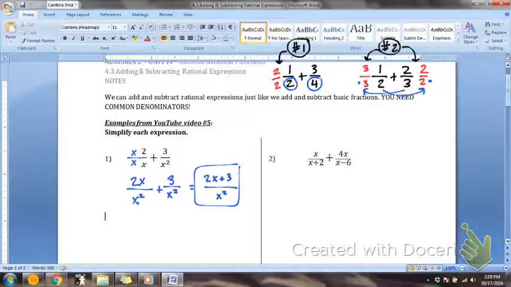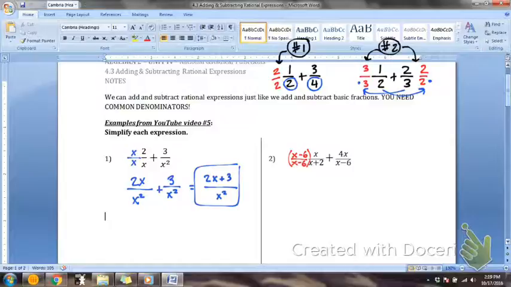So we're going to do that exact same thing on example 2. I can't make x plus 2 become an x minus 6. So if I can't make it become that, I'm going to multiply it, top and bottom, by the other denominator. What is x minus 6 divided by x minus 6? Not 0, it's 1.